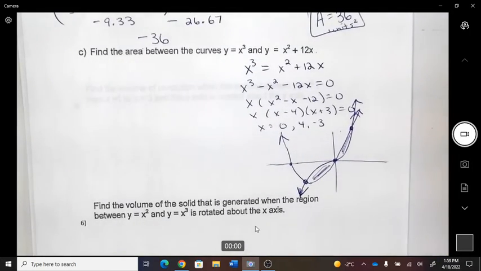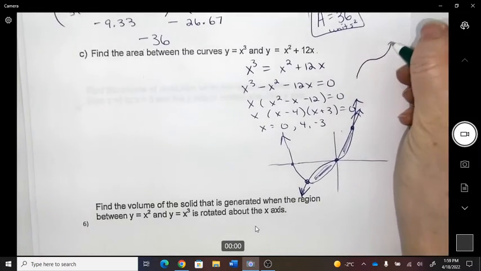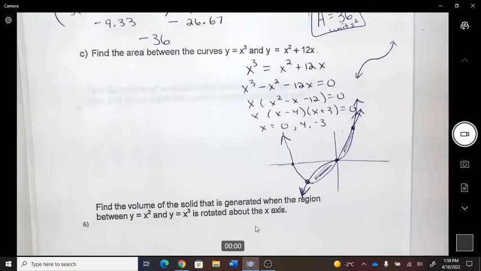I don't know, that's what's going on, but the cubic looks like that, kinda. That's the cubic.